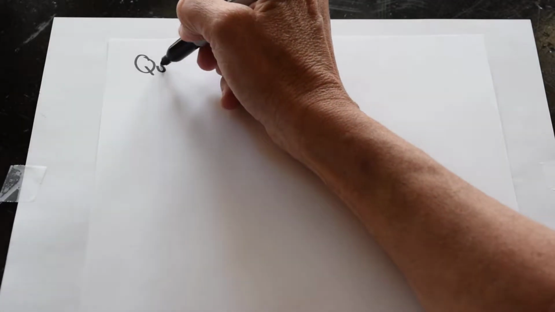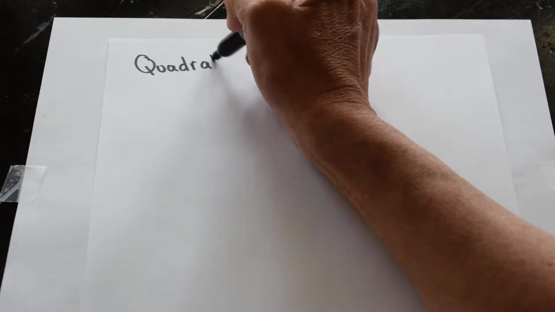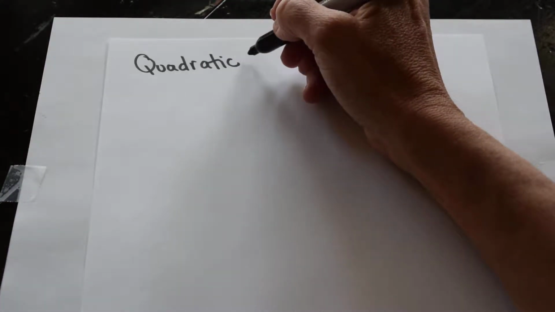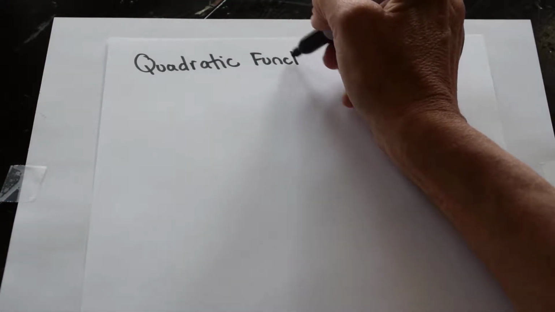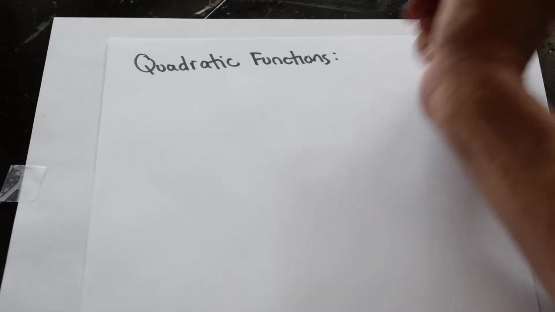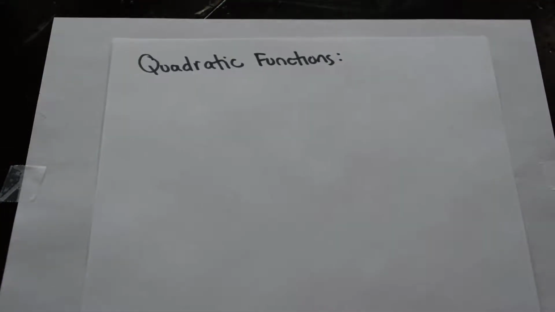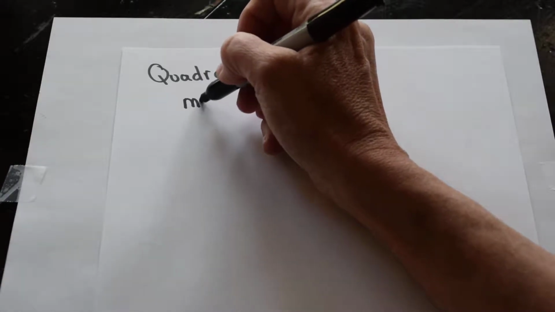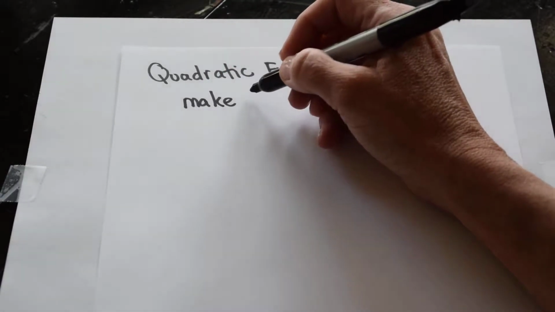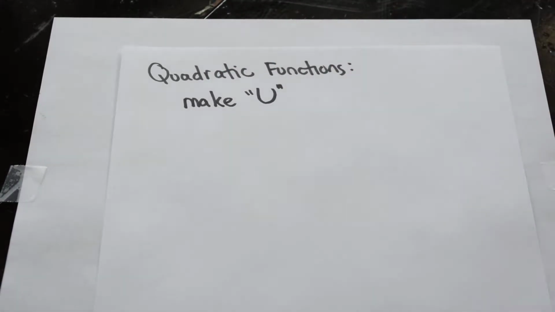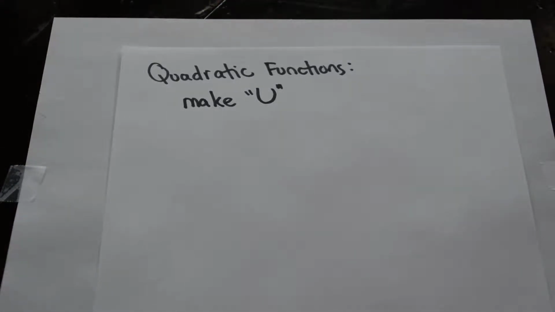So linear is probably the one we're most familiar with, but the next one is our quadratic functions. When we have quadratic functions and we draw them out, it's going to make the letter U. And this is my little trick for remembering quadratic and what the graph looks like.